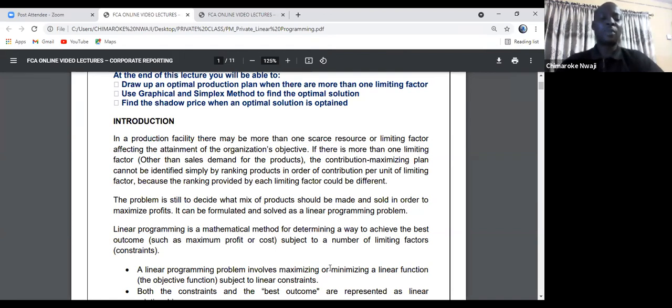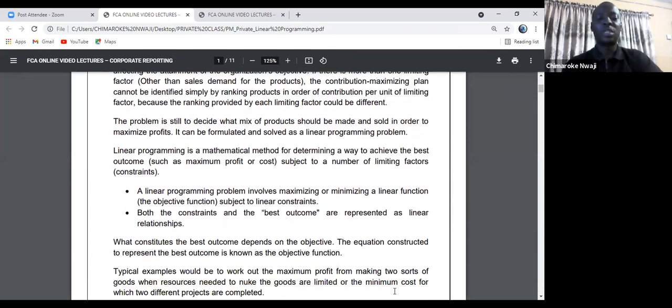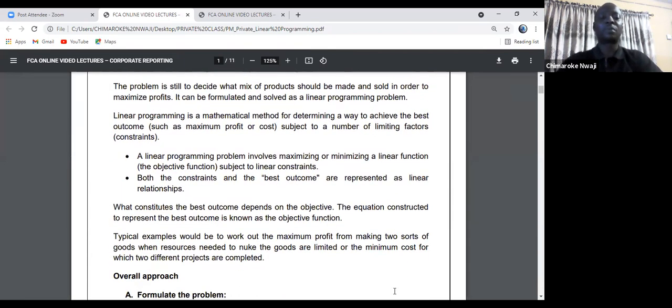What is linear programming? It is a mathematical method for determining a way of achieving the best outcome, such as to maximize profits or minimize costs when there are a number of limiting factors. Linear programming involves maximizing profits, which is an objective, or minimizing costs, which is another objective.